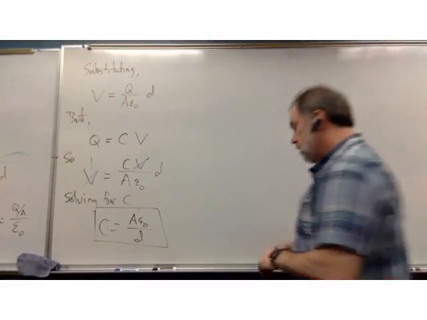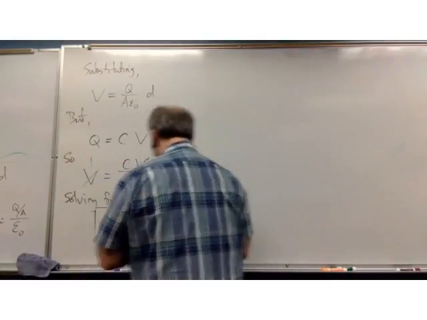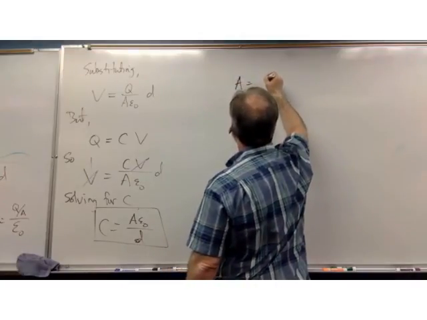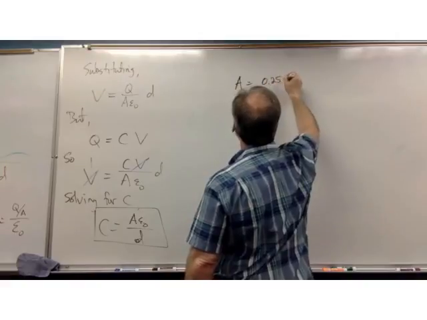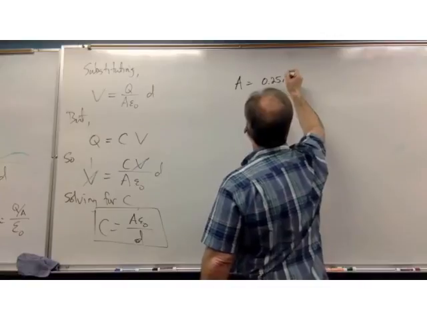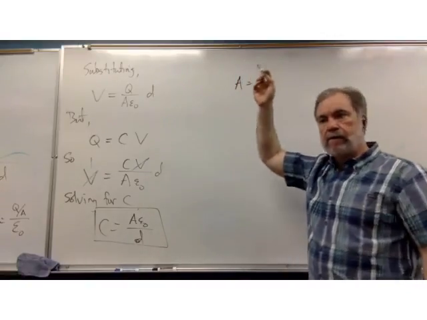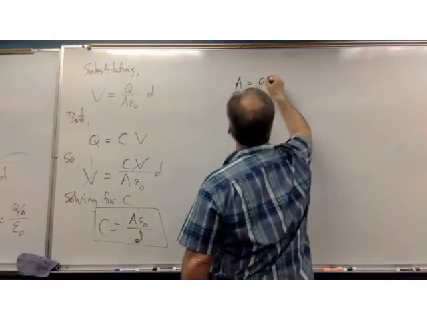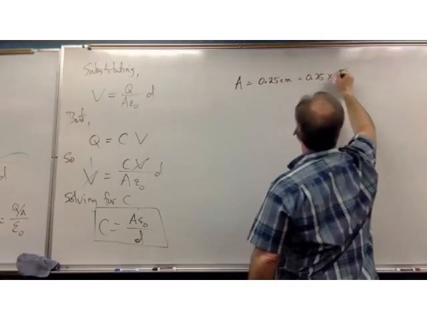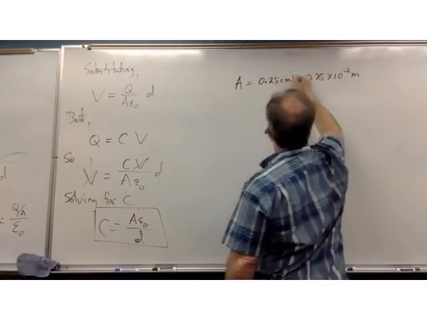And typical values here: A would be about a quarter of a centimeter. So 0.25 centimeters is what I was trying to say. So that's 0.25 times 10 to the minus 2 meters squared.